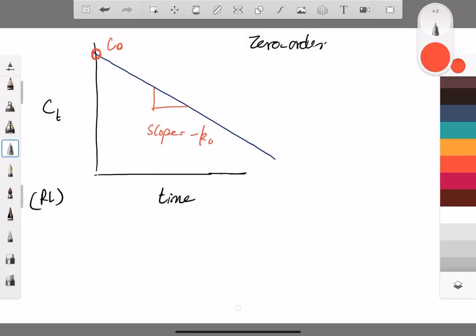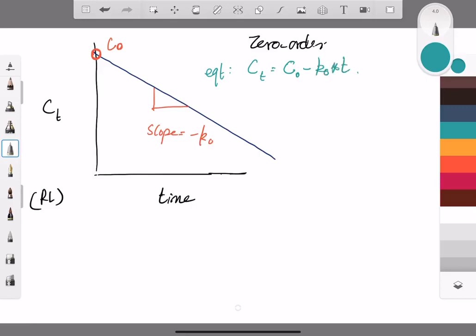Why is that? Because as I just mentioned, the equation for a zero order reaction, but here in concentration terms, is concentration at a certain time equals initial concentration minus K naught multiplied by the time.